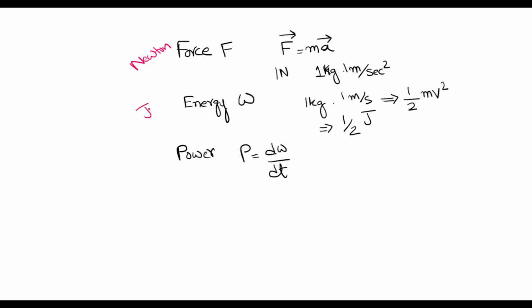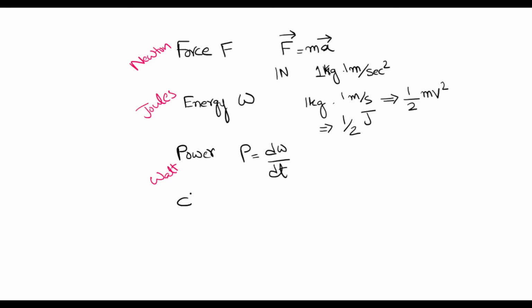Energy is defined in joules, so the energy required to move a 1 kilogram mass with a velocity of 1 meter per second is half a joule, according to this formula. And power is the rate of doing work, and it is given in watts.